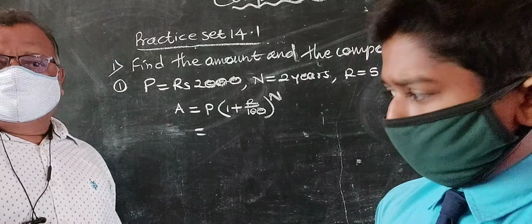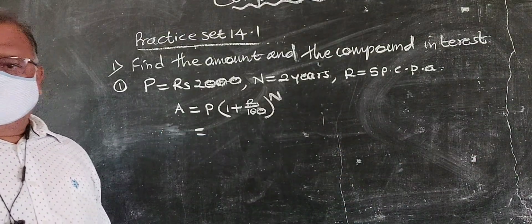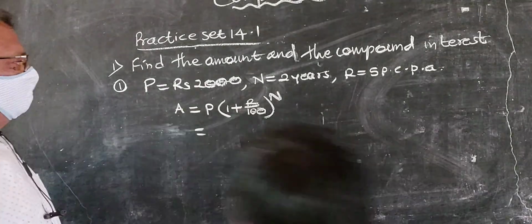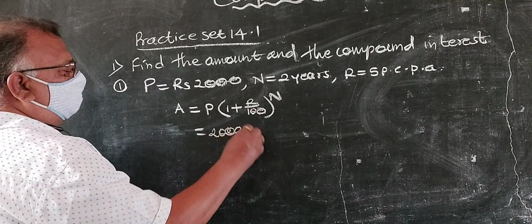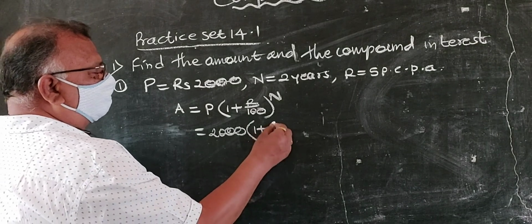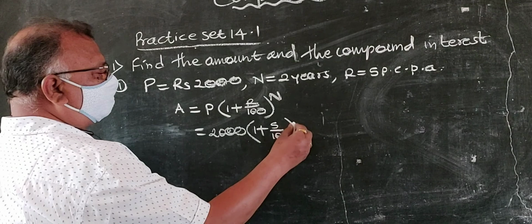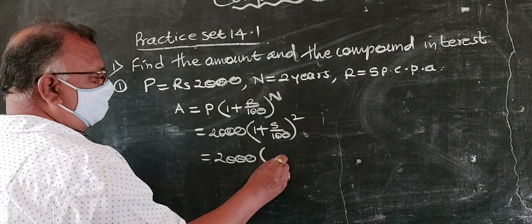Who will come to substitute the values? You can go and sit in your place. Now one more boy is going to come and tell me what is the principal. Rupees 2000. So I wrote here rupees 2000. 1 plus, what is rate of interest? 5 upon 100. What is N equal to? 2. A is equal to 2000 in the bracket.